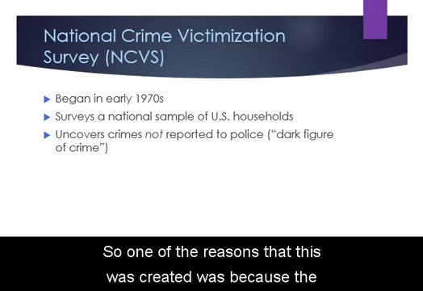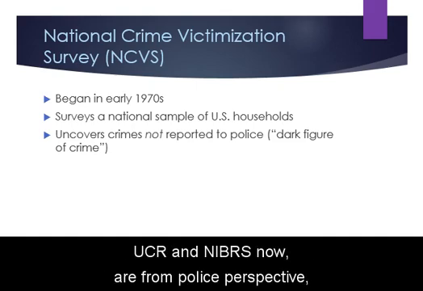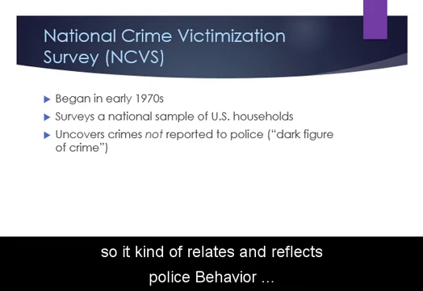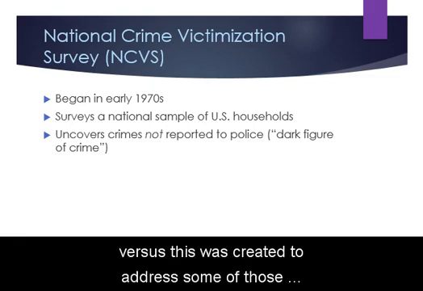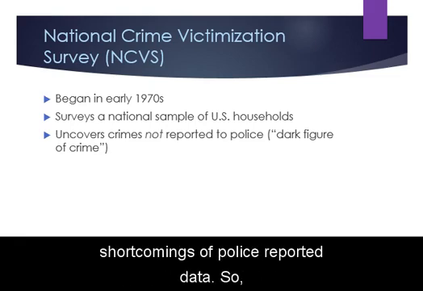One of the reasons this was created was because the UCR and NIBRS are from the police perspective, so they reflect police behavior, whereas this was created to address some of those shortcomings of police-reported data.